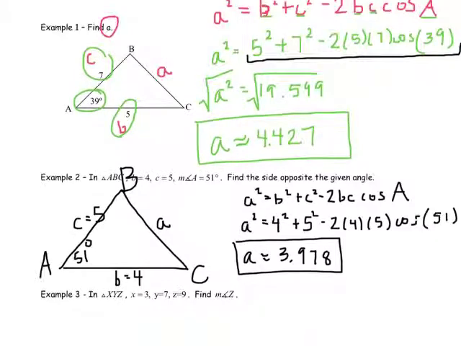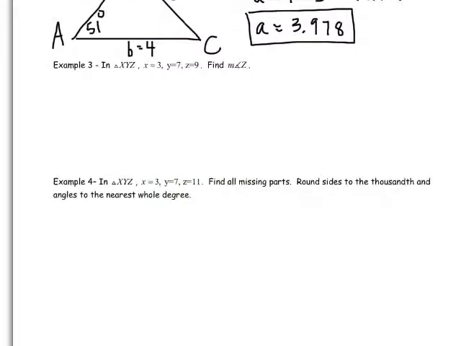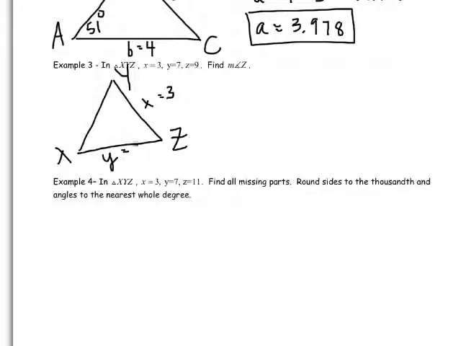Let's go to example 3. In example 3, we have triangle XYZ. Lowercase x is equal to 3, lowercase y is equal to 7, and lowercase z is equal to 9.